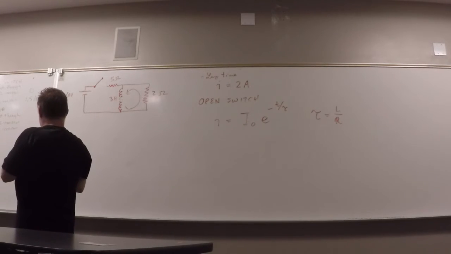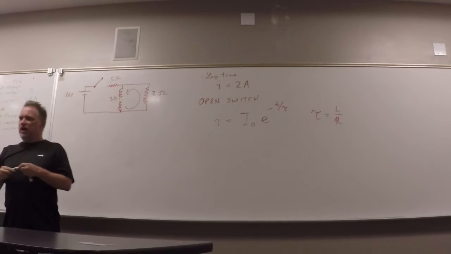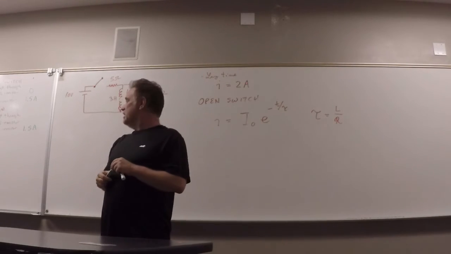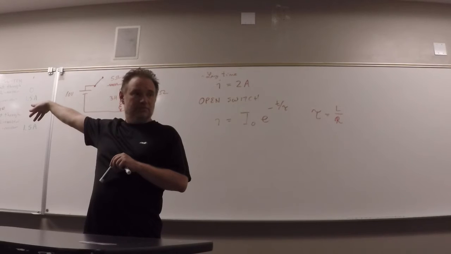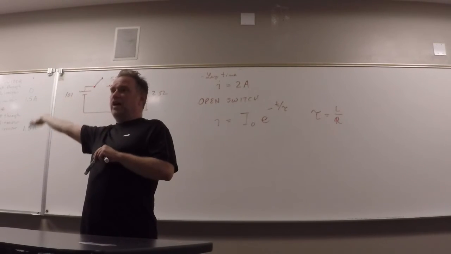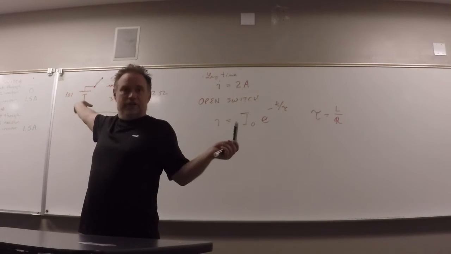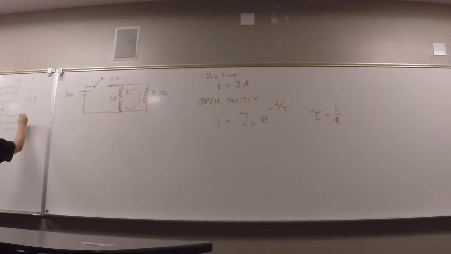What about the 5 ohm resistor? How much current is flowing through it? 3, because after a long time, that current is built up in the inductor. It no longer provides any resistance to the current, and therefore the 5 ohm resistor is all the resistance that's there, so you get 3.0 amps, sorry.